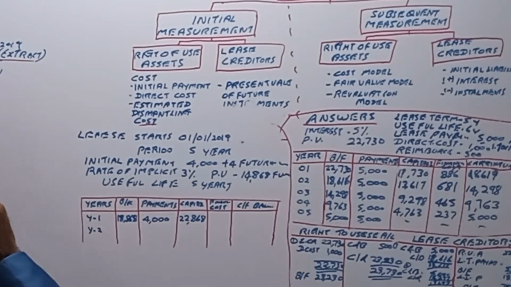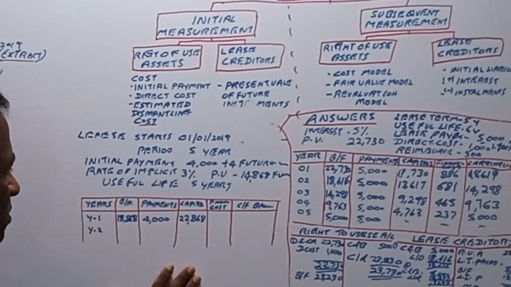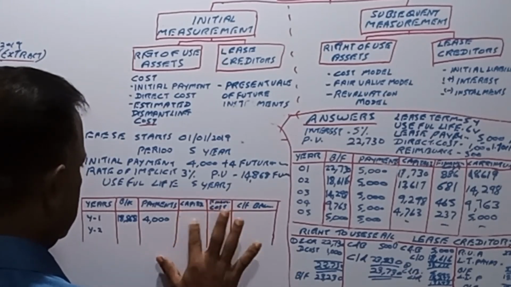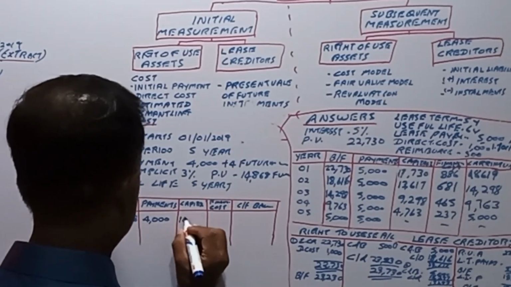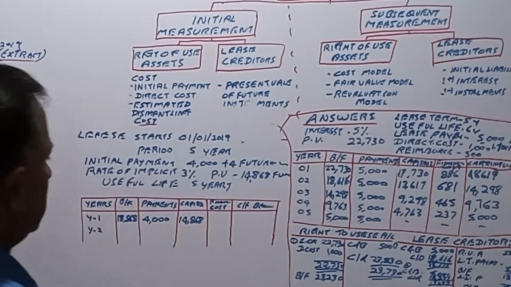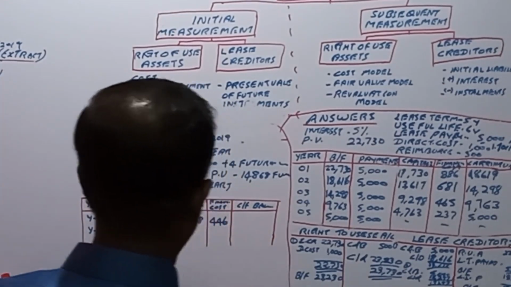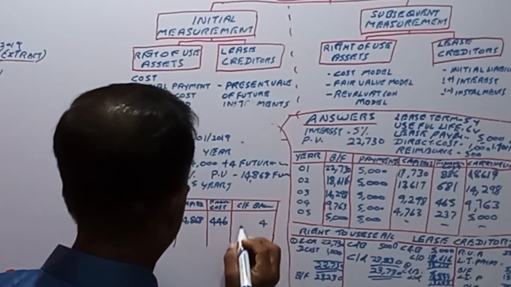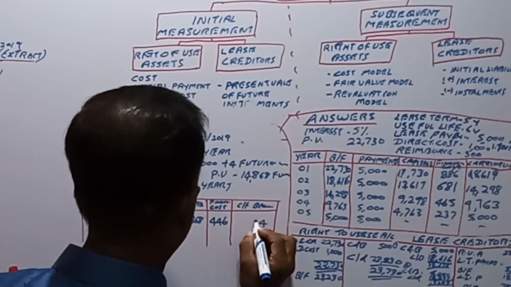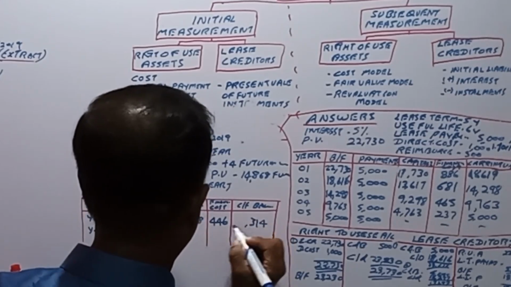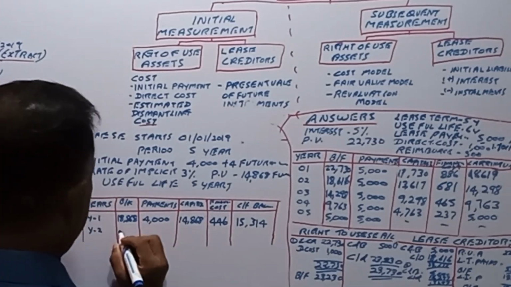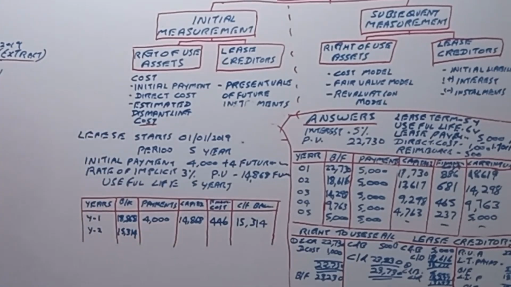Then 3% on 14,868 is 446. If we add 446, we get 15,314 as the brought forward balance for year 2.